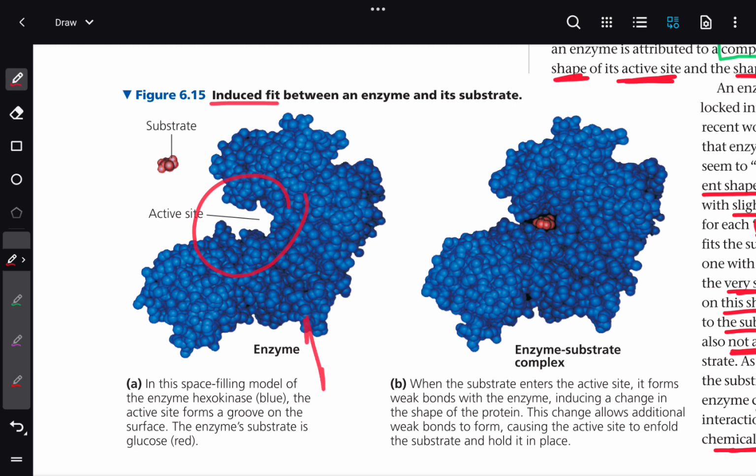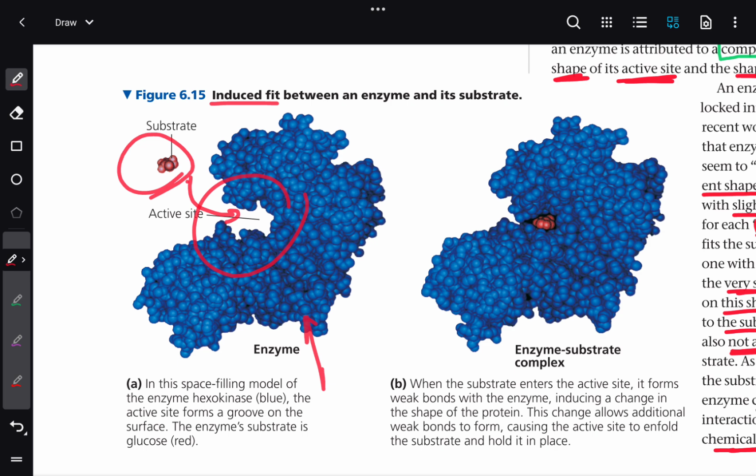this enzyme is, let's call it, a living, breathing organism. It keeps dynamically changing its shape, its 3D configuration. Now, once the substrate is most suited to fit in the shape, it will bind.